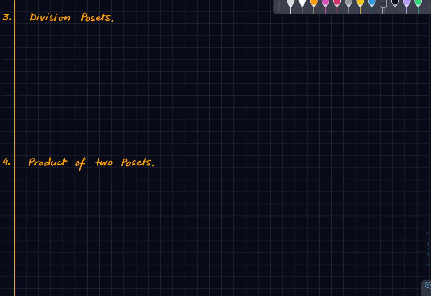And now let us look at the division poset. Let n be some positive integer, and let D_n be this set. What is the poset structure, or what is the partial order?